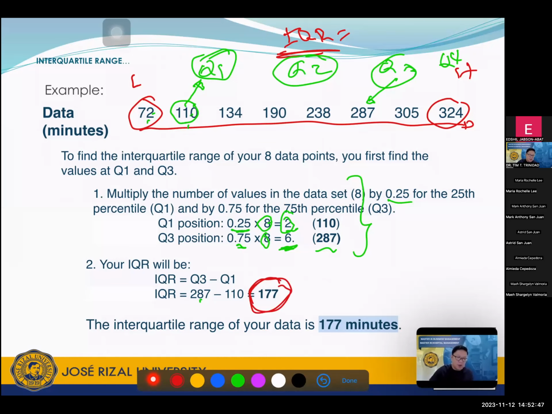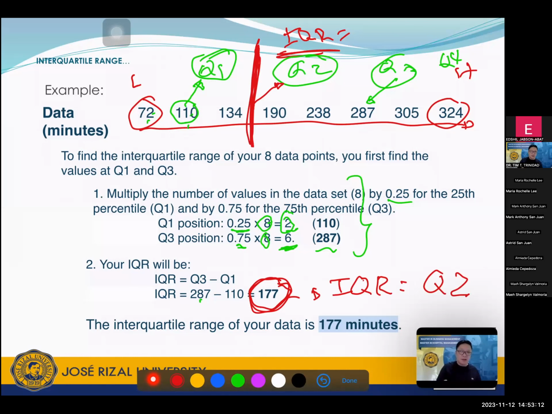So your 177 now is your interquartile range. Saan mo makikita ang 177? Okay, nandito. Somewhere here ang 177. So your interquartile range will be at this. Okay?